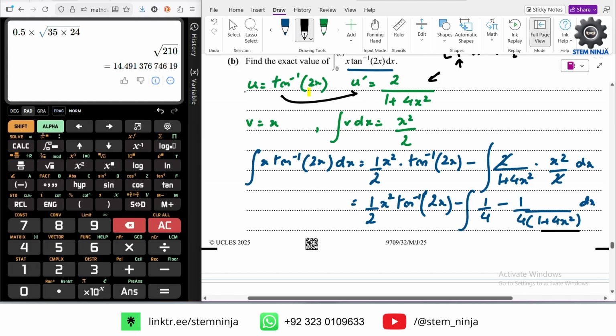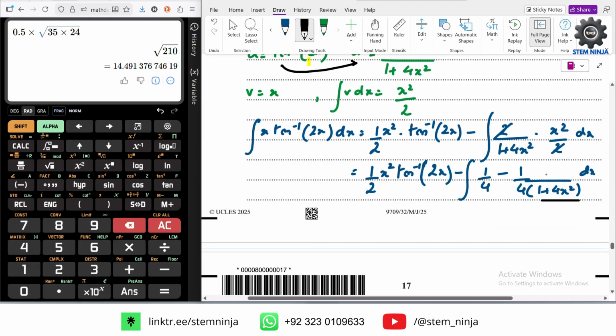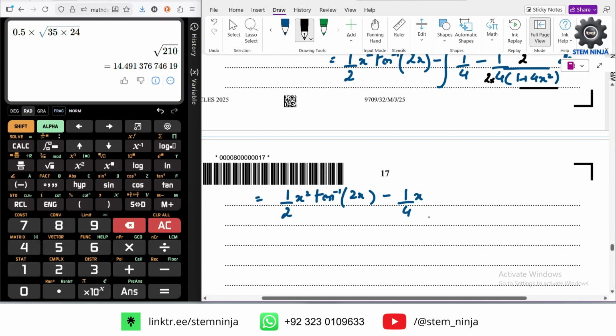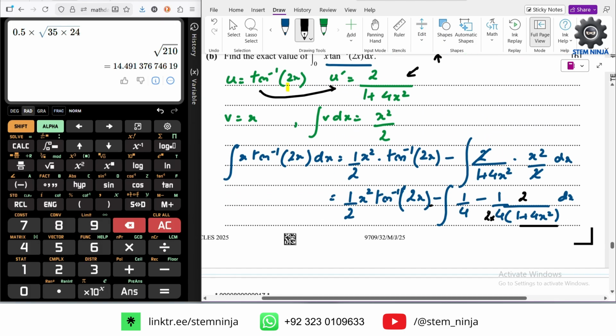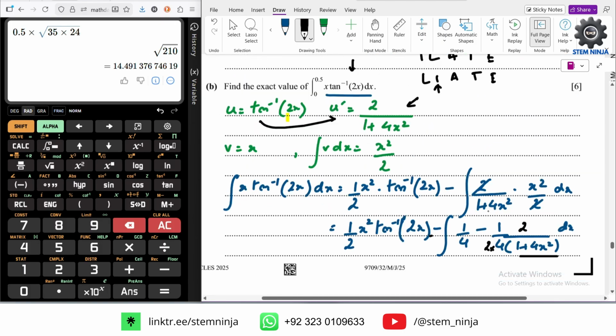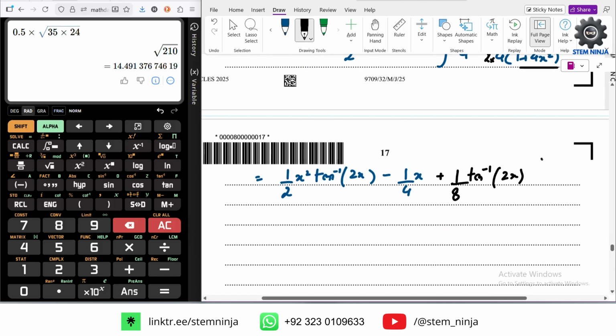So the integral would be going back. So if you multiply 2 over here and multiply 2 over here, you will have 1 over 8, minus minus plus, 1 over 8 tan inverse of 2x, right? And that's about it. From 0 to 0.5.